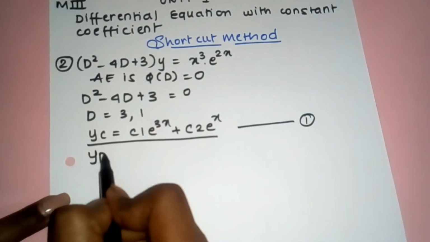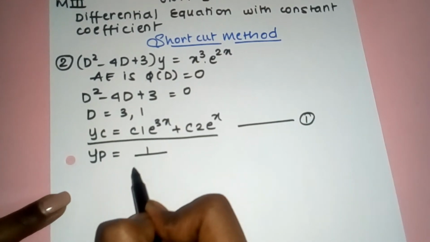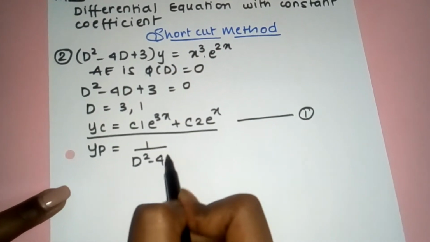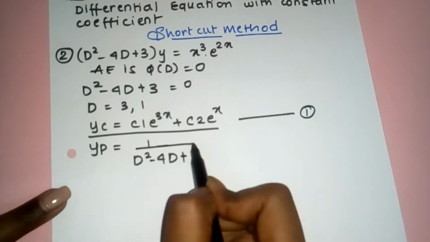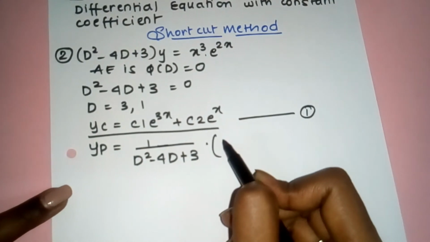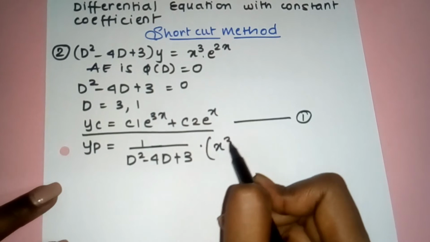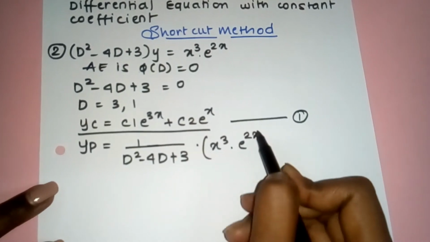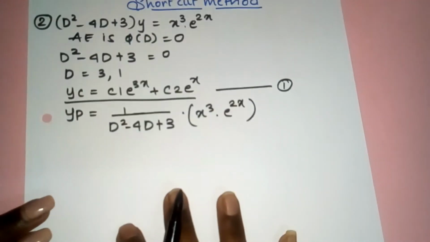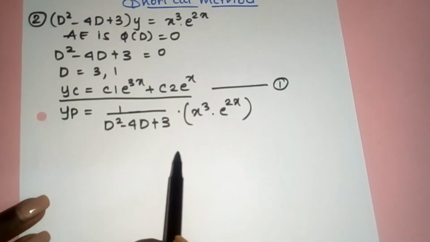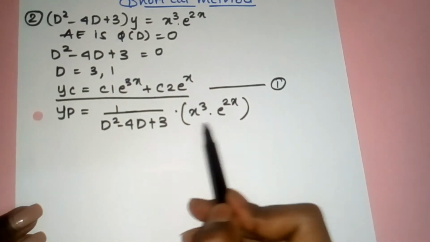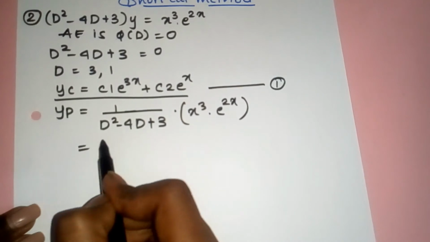Now this is our yc, equation 1. Now we have to find yp. yp is equal to 1 upon phi of D, that is D square minus 4D plus 3, into the entire f of x, that is x cube into e raised to 2x. In our previous video we explained how to form this. So I'll write it down.